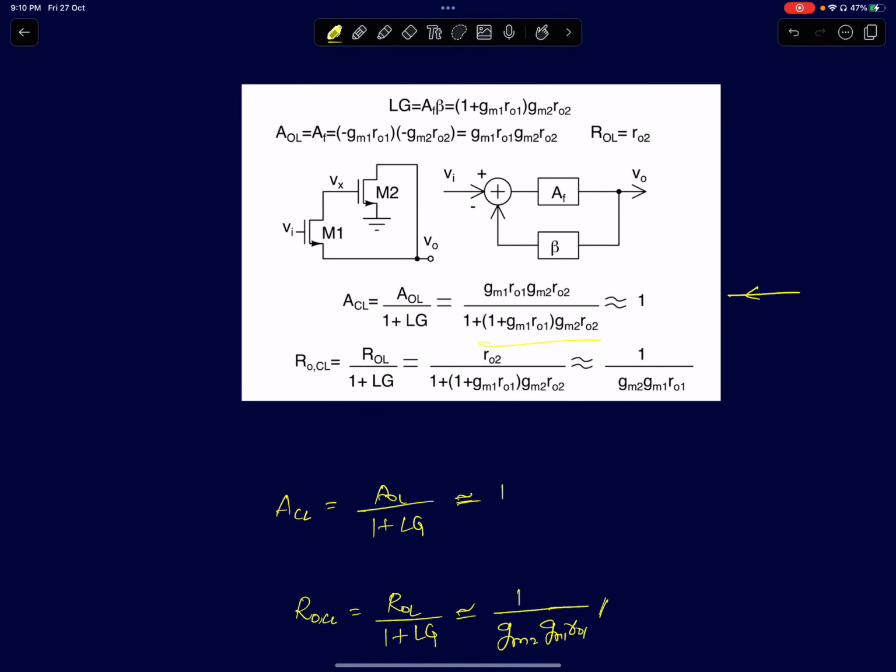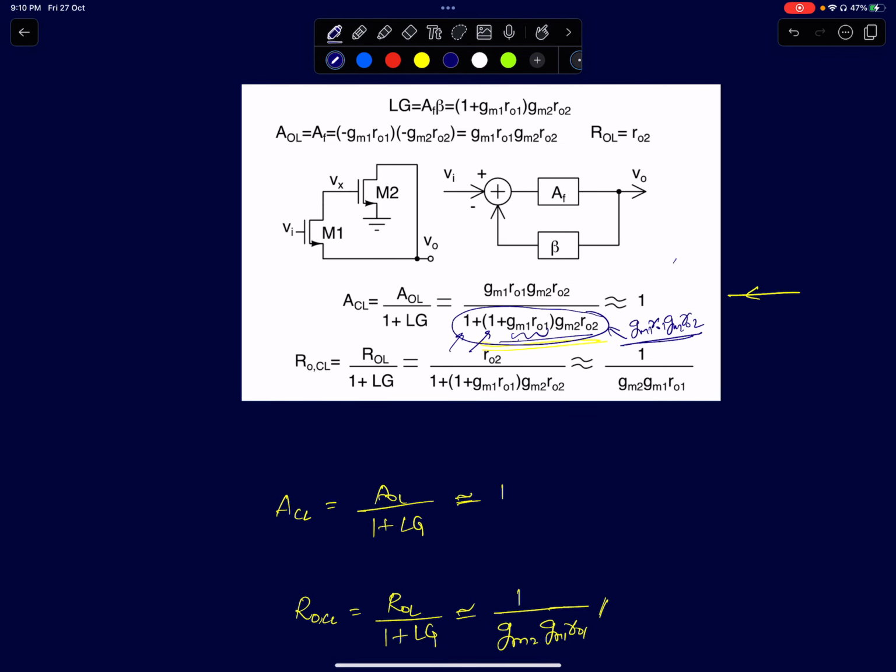Since the loop gain here is approximately equal to GM1 RO1 GM2 RO2, I can assume GM1 RO1 to be much greater than 1, and the whole product will also be much greater than 1. So I can assume this to be approximately equal to the forward path gain itself.